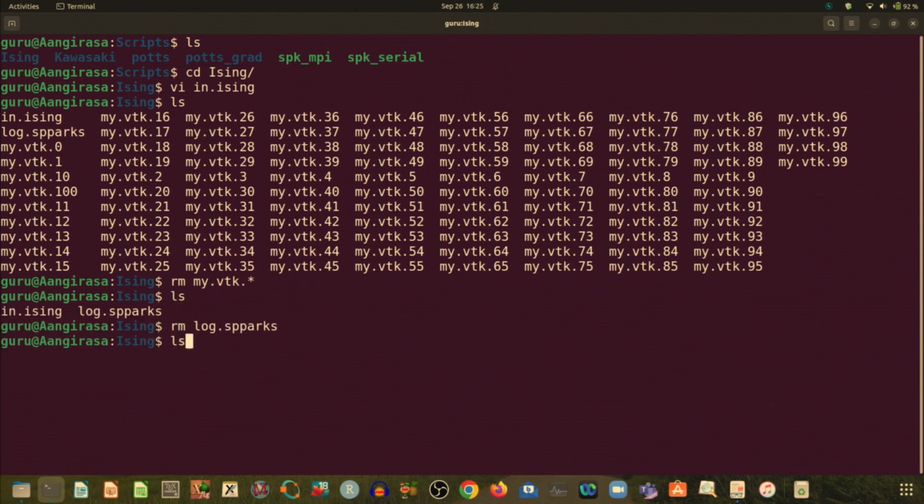So this is all you need, this is all you start with. So, first let me run serial and you give this. You take the input file and you give it to the code executable.